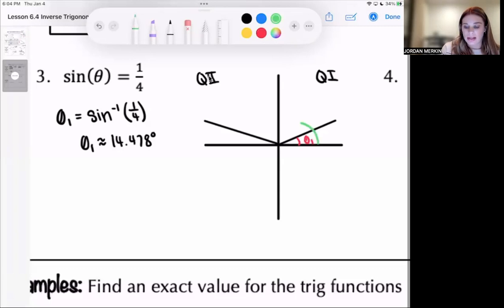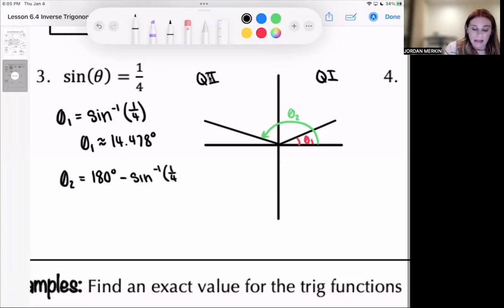This is your theta 2, the one in quadrant 2. So we can find theta 2 by just taking 180 degrees and subtracting off inverse sine of 1/4. When you punch that into a calculator for theta 2, you get about 165.522 degrees.